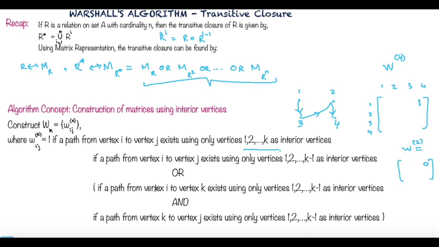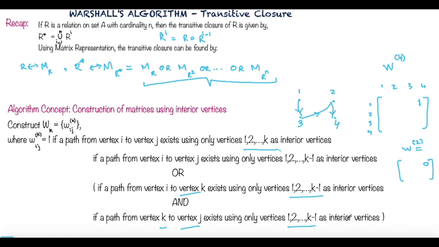Then, if a path from vertex i to vertex k exists, remember that at the kth step we are introducing the kth vertex as an interior vertex. So as a new vertex, a path exists from vertex i to the new vertex k using only the previous vertices, and from the new vertex to the destination we can also go using only the previous vertices.